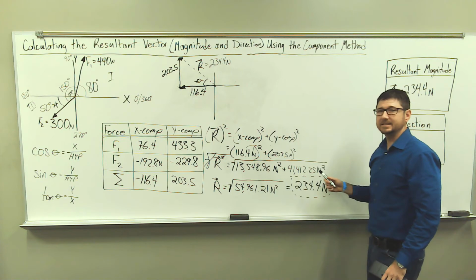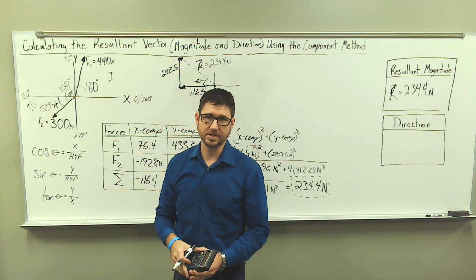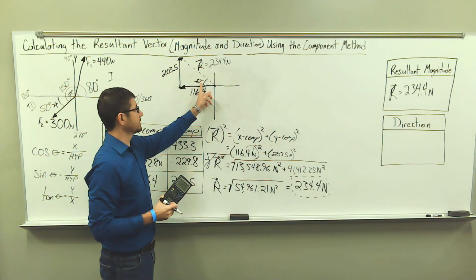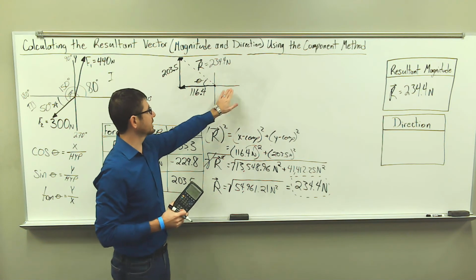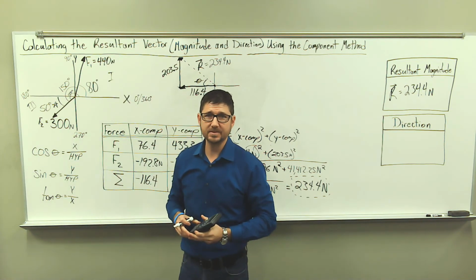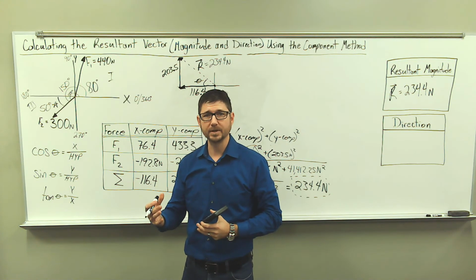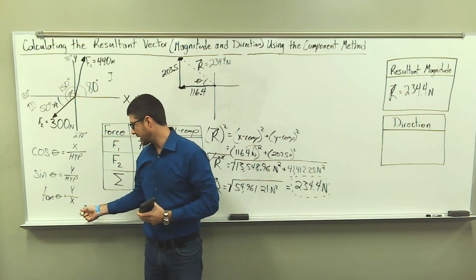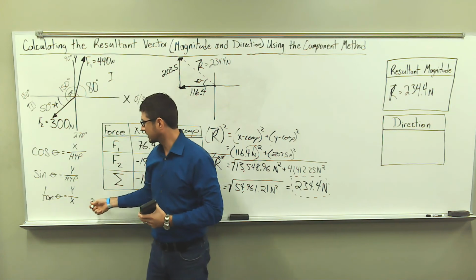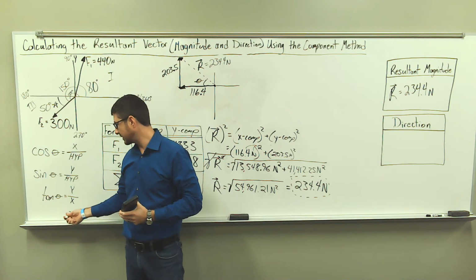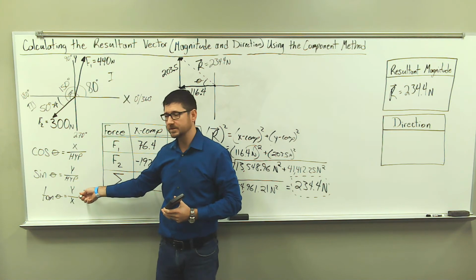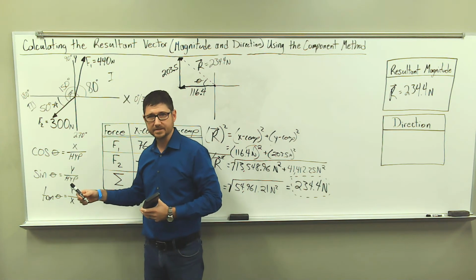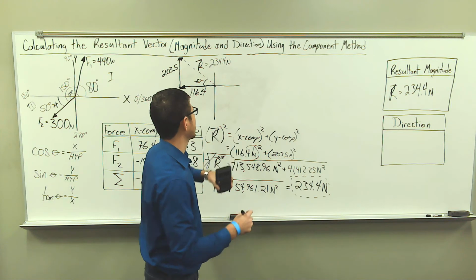Okay, now we need to calculate the direction. So right now we do not know what angle theta is. Okay, so we know that tangent theta is the y component divided by the x component. And I wrote our base trigonometric equations right up here. So tangent theta is equal to the y component divided by the x component. And I'm just going to rewrite that over here.